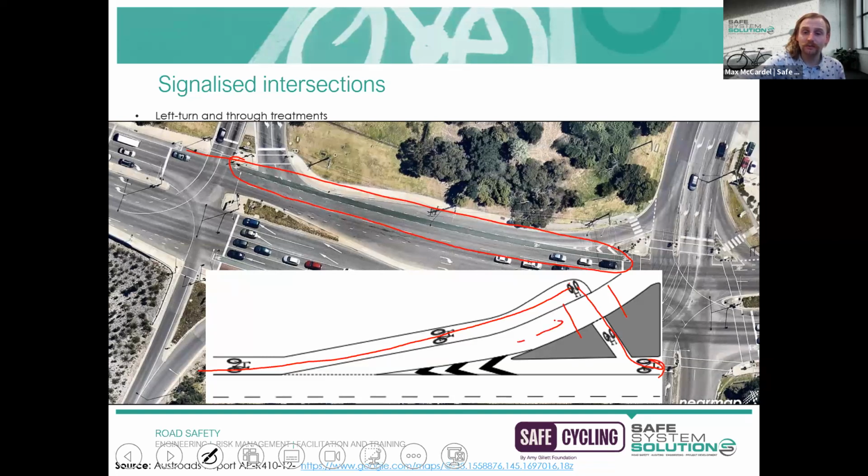You would also look to see if you could raise that conflict point. So as we spoke about before, raising those areas where we've got vulnerable road users crossing helps to reduce the risk of motorists just traveling through there at speed, and also gives cyclists a bit more confidence that they're able to ride through there with priority.